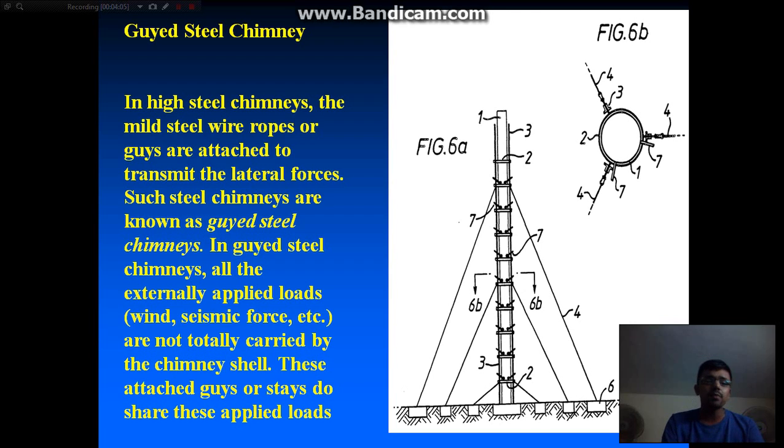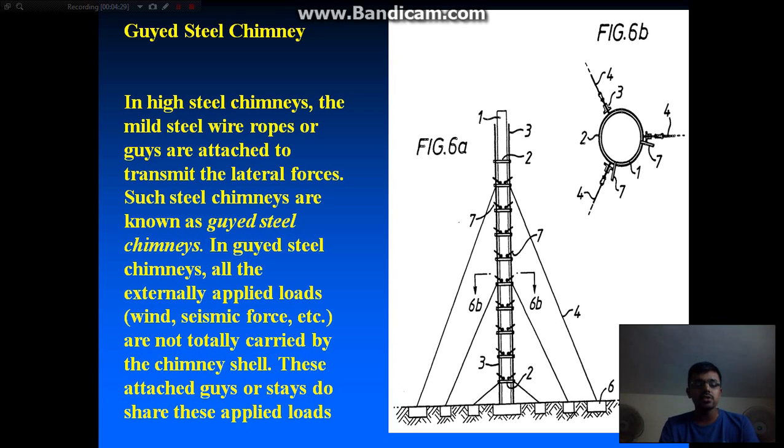The second type of chimney is the guyed steel chimney. If you look at the figure, you will see that a number of guy ropes are used to transfer these lateral forces. In the case of tall steel chimneys, mild steel wire ropes or guys are attached to transmit these lateral forces towards the foundation. Such steel chimneys are known as guyed steel chimneys.